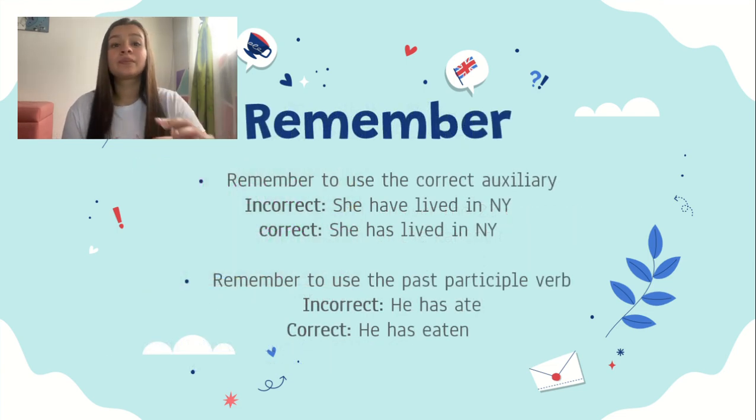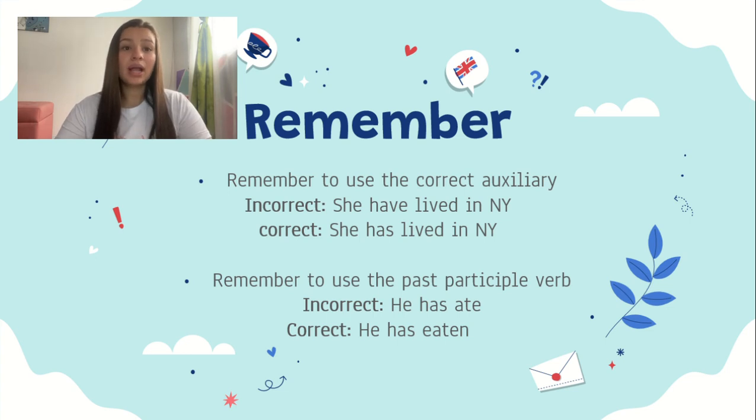The last part is important, these points, because you need to remember them when you are using the present perfect. First, use the correct auxiliary. For example, we can say she have lived in New York. That is incorrect. The correct form is she has lived in New York.